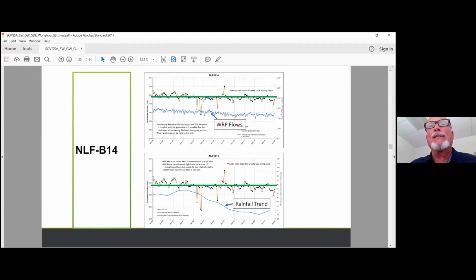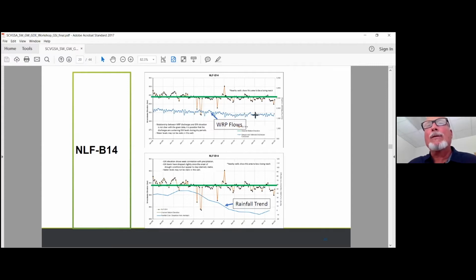We see some of these drops in water levels. Those could be non-static water levels. But overall, we see this fairly constant water level down here. We don't see a strong trend or tracking of the rainfall trend with water levels. There's not a strong correlation there, and there's not a strong correlation with the WRP flows.